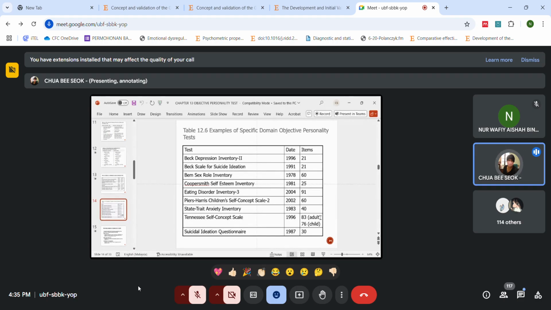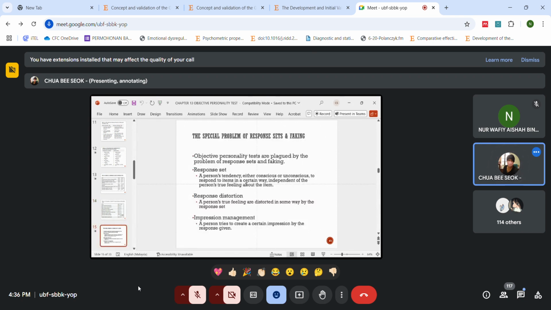They have 2 versions, one for adults and also one for children. For the adult version, they have 83 items. For the child version, they have 76 items. Then after that, the Suicidal Ideation Questionnaire, 30 items. So these are examples of specific domain objective personality tests, right?